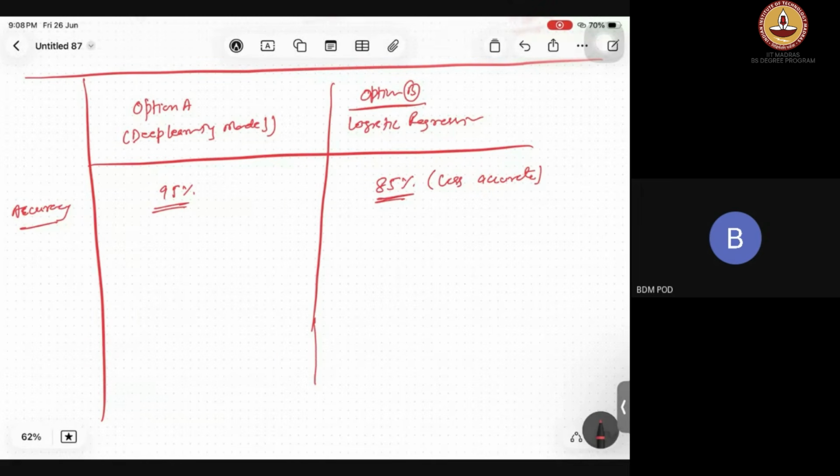Coming to the time required. For training a deep learning model, you need huge computational time along with a data set. Suppose it needs 4 weeks, and this model needs 1 week. Now coming to the third, computational power.